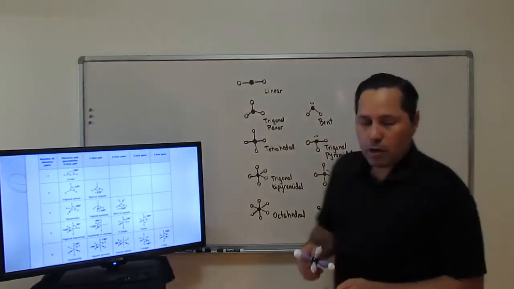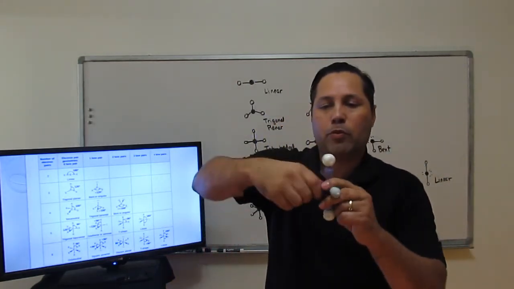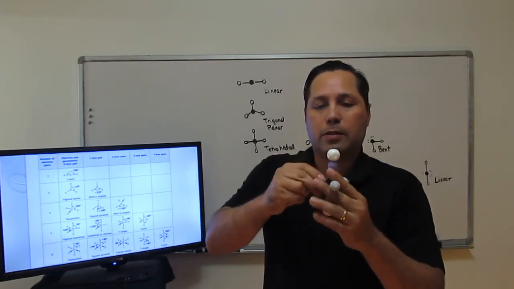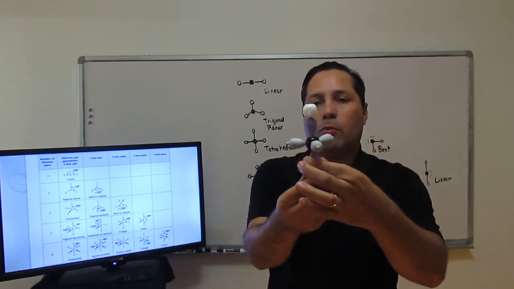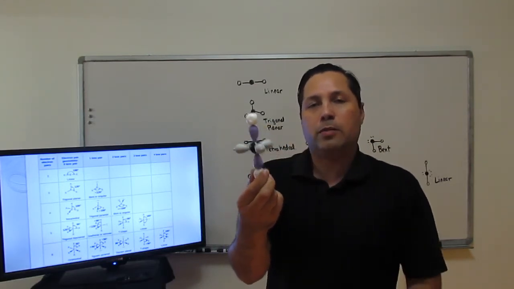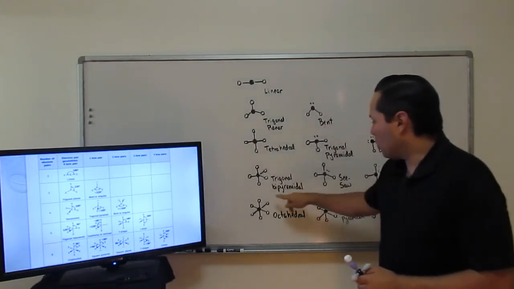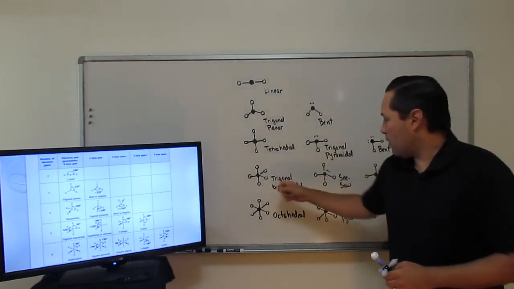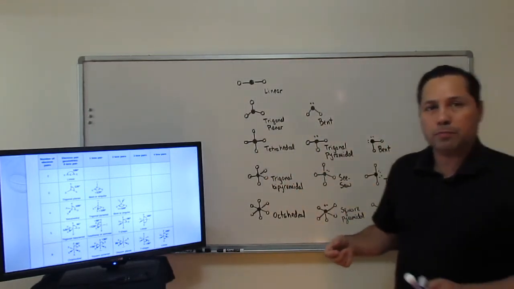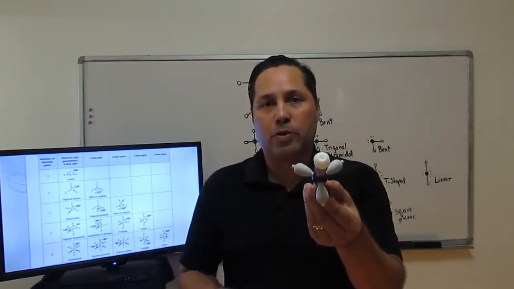Our linear molecule would have 3 unshared pairs of electrons, so I'm going to remove another one, replace it, and there you go. There's your linear molecule with 3 unshared pairs of electrons around its equator. So that would be trigonal bipyramidal with 5, 4, 3, and 2 shared. And for this one, we'll have 2 shared and 3 unshared pairs of electrons.